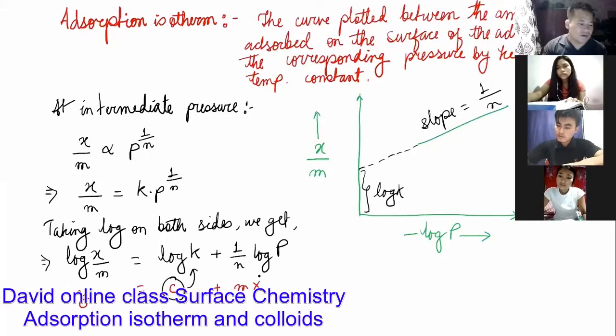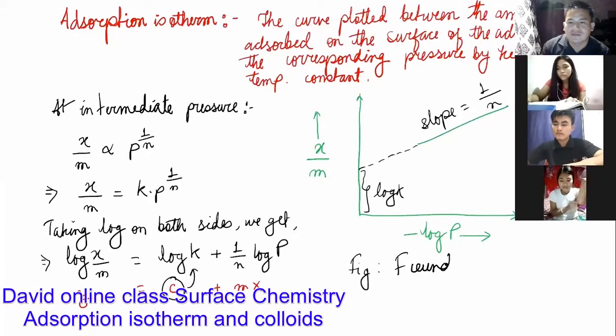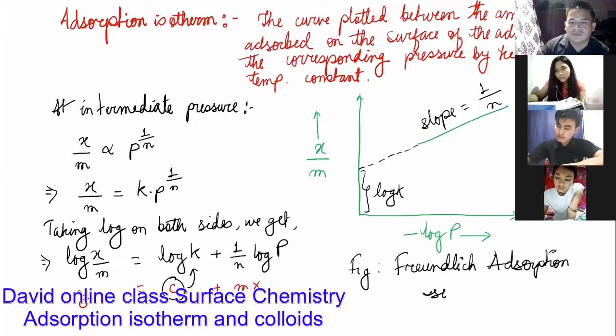So this is the graph for intermediate pressure, and this graph is the variation between extent of adsorption versus log P at intermediate pressure, and we also call this graph Freundlich's adsorption isotherm.